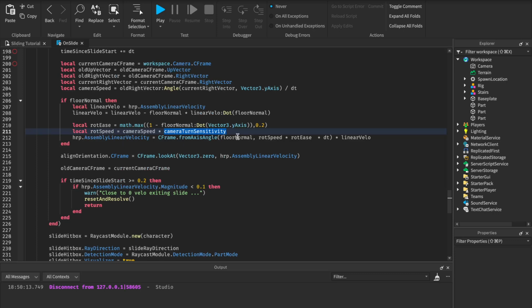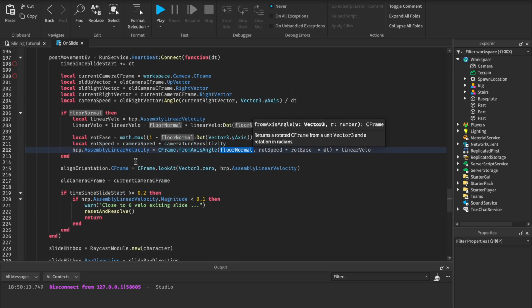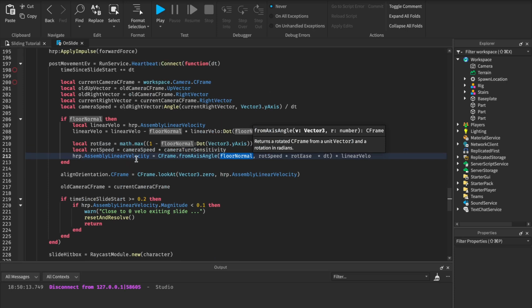And here's where we have to shift the direction that the character is moving in slightly based on the rotation of the camera. So we take the floor normal and we're saying from axis angle. This means that we want to rotate about the vector that's perpendicular to the floor, and we want to rotate by this amount.